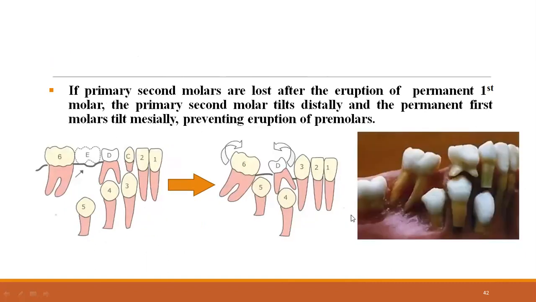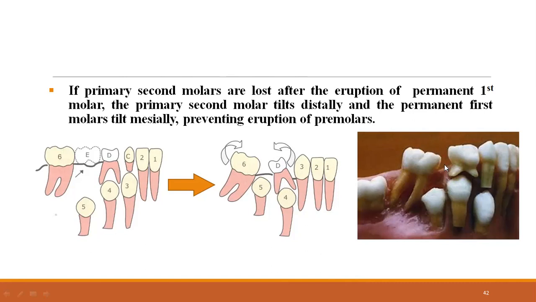But if the primary second molar is lost after the eruption of the permanent first molar, the primary second molar tilts distally and the permanent first molar tilts mesially, preventing eruption of premolars.